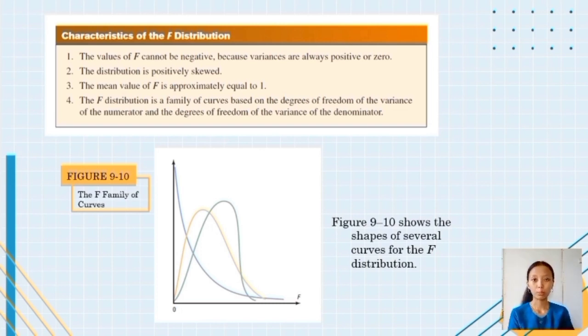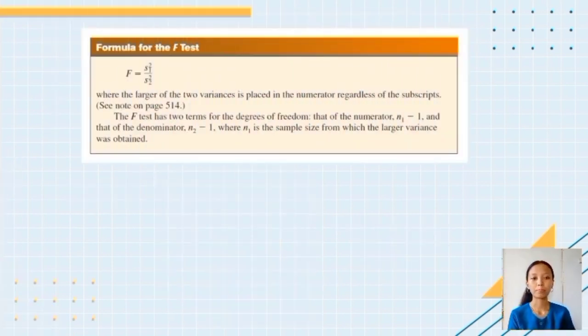Now here is the formula for the F-test. F equals s squared sub 1 all over s squared sub 2, where the larger of the two variances is placed in the numerator regardless of the subscripts.